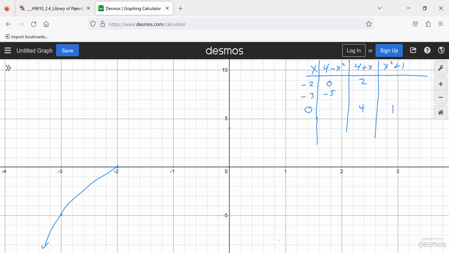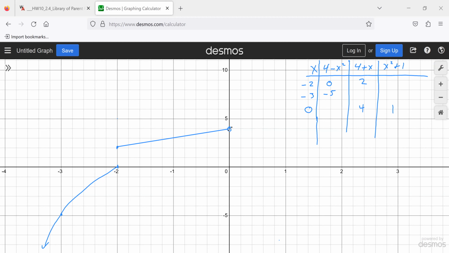Okay. At -2, we do have a point 2. I have a line right here. Line segment, I guess. Okay.